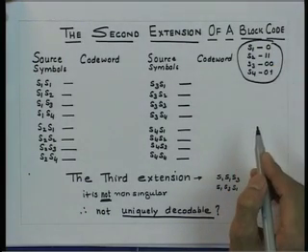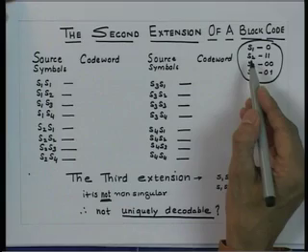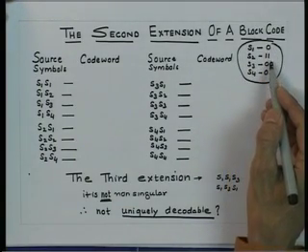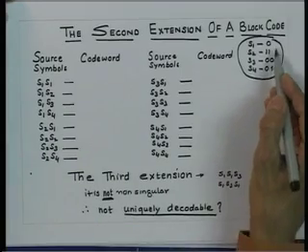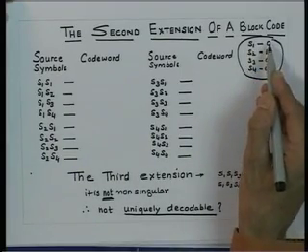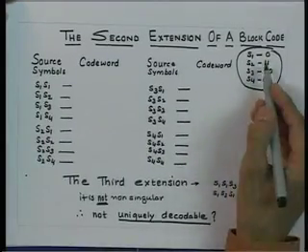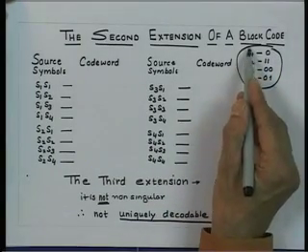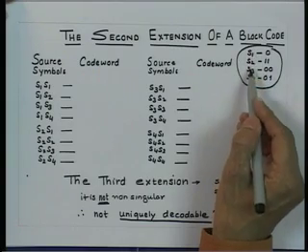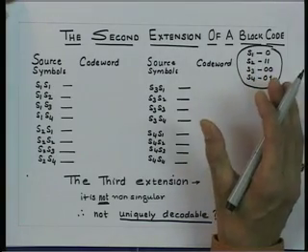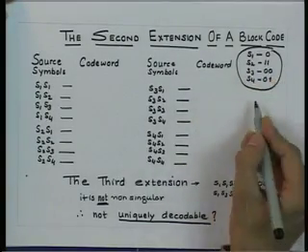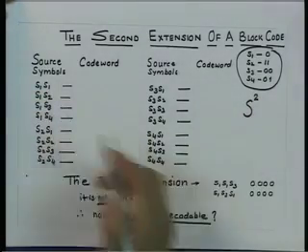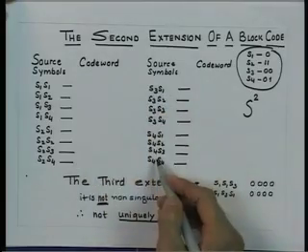I have 4 symbols and 4 distinct code words for it. So, this is an example of a non-singular block code. Now, the second extension of the source S1, S2, S3, S4 will comprise 16 symbols, which are listed here.